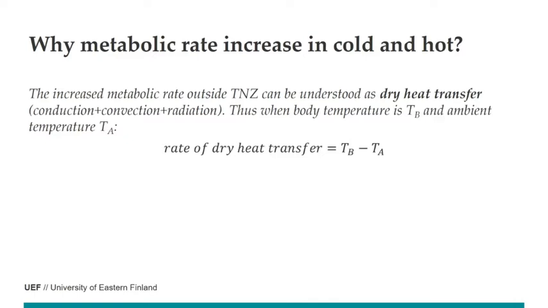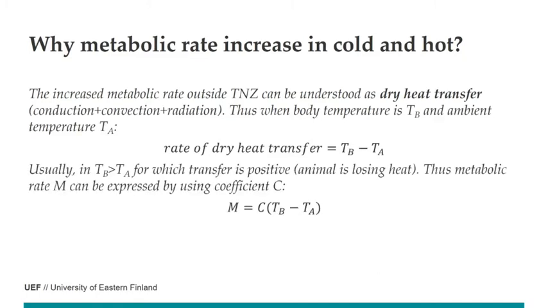So the heat is transferred with conduction, convection and radiation. And therefore the difference between body temperature and environmental temperature is affecting this dry heat transfer. So the higher the difference is, the more heat is transferred.